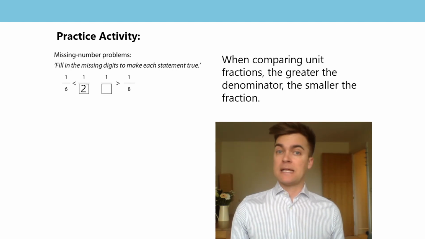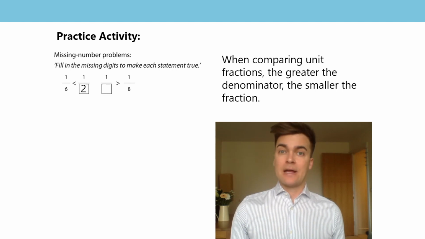It couldn't be a denominator that's greater than 8, because then 1/9, for example, is less than 1/8. So the number has to be smaller than 8. So it could be 1/7, 1/6, 1/5, 1/4, 1/3, or again 1/2. Any of those would be correct. And well done if you were able to spot how many possibilities there were.